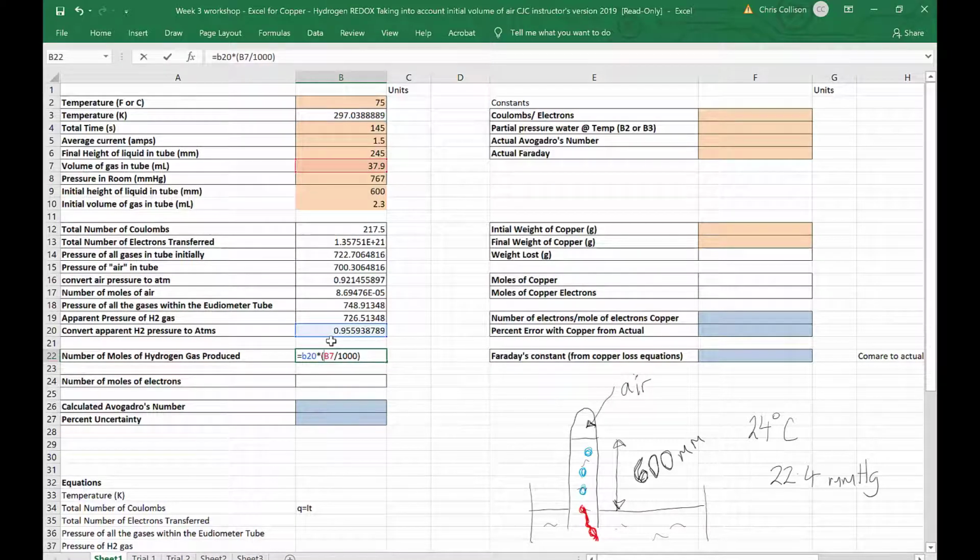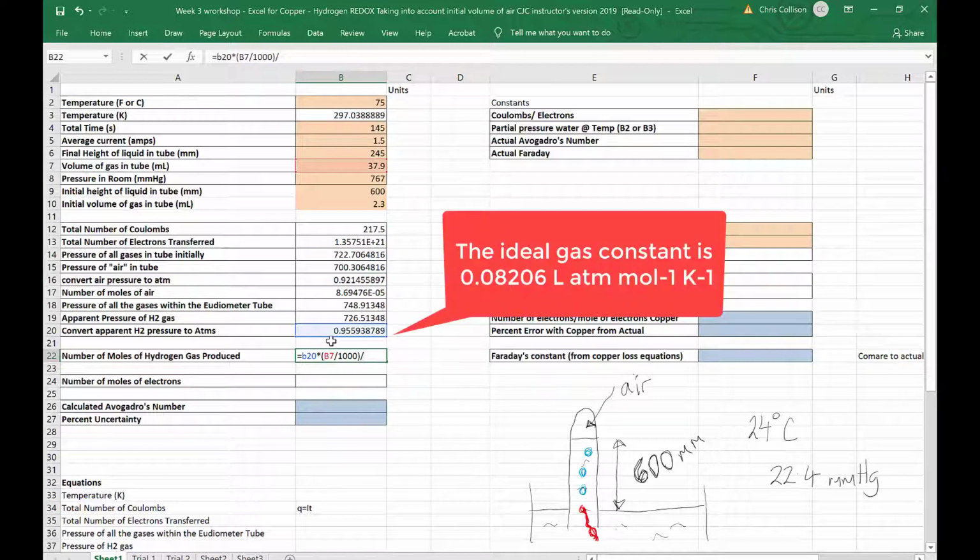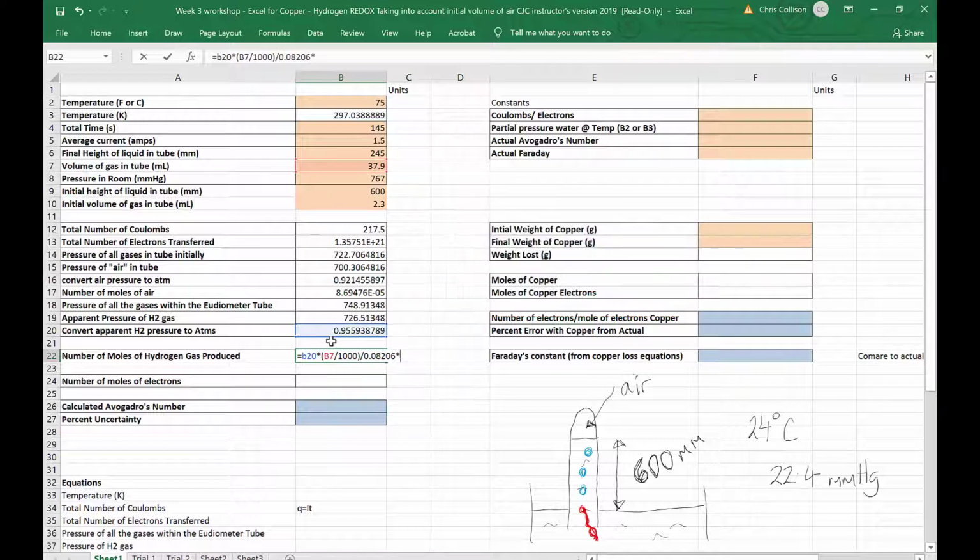And what we're going to next do is divide that by the ideal gas constant, and that ideal gas constant is 0.08206, and that's going to be multiplied by cell B3, which again is the temperature, and we're going to put that all in brackets.